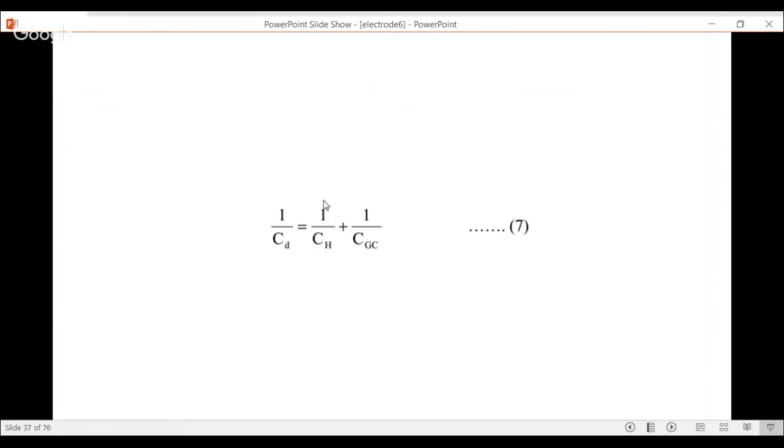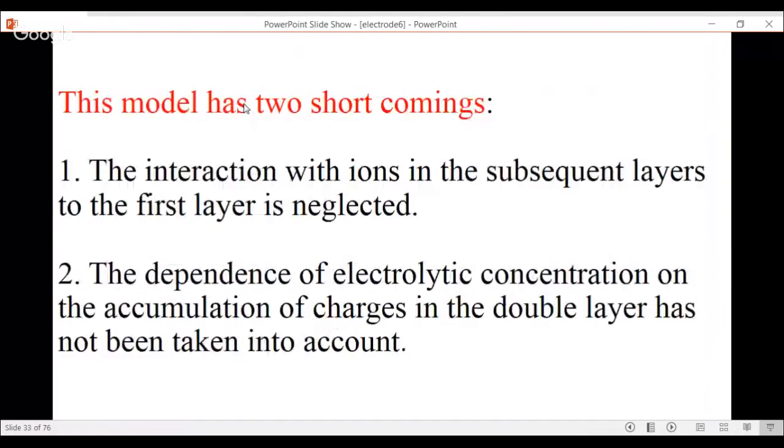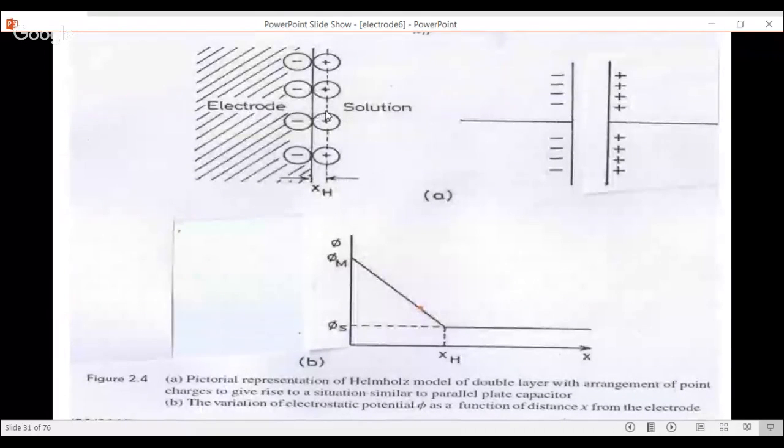So we can say the capacitance will be the Helmholtz double layer capacitance plus the Gouy-Chapman. This is a model of both of them together. I hope you understand this. This is the Helmholtz layer, where the first layer ions are in the compact layer.